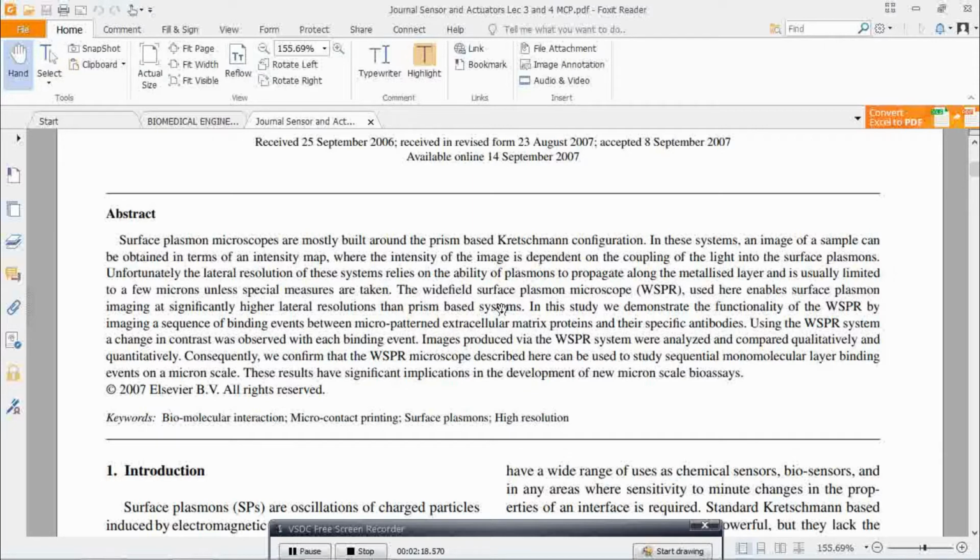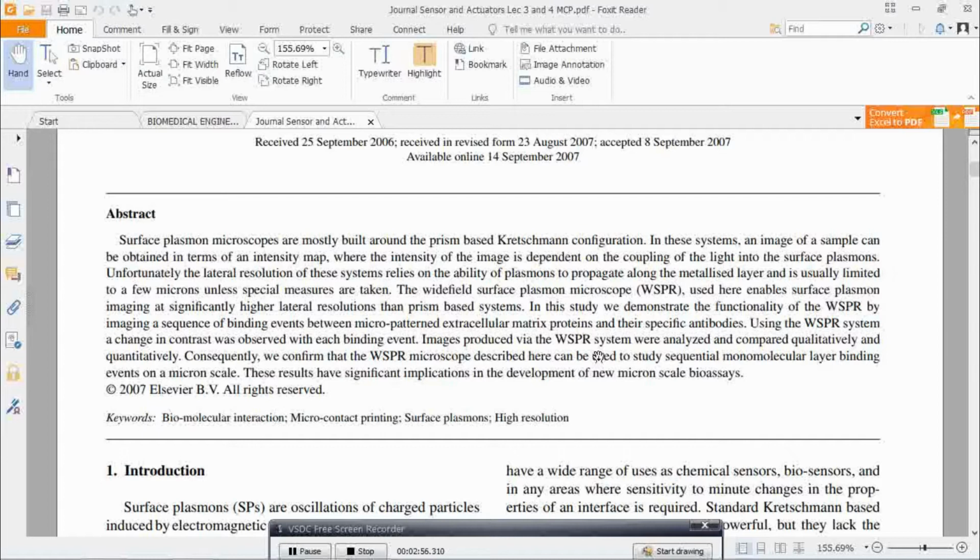Therefore, in this system we came up with a wide field surface Plasmon microscope. So we no longer use the prism. I'll show you in the diagram. It is no longer prism based, but we've used an objective lens. It is still an optical based system, but we have replaced the prism with what we call a high numerical aperture objective lens.